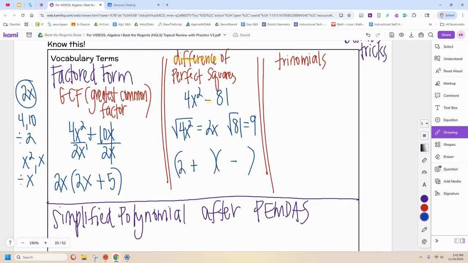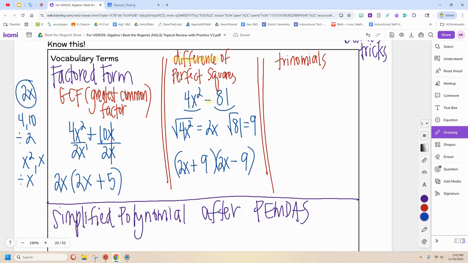So I need 2x times 2x to get the 4x squared. And I need 9 times 9 to get the negative 81. So what's going on when we actually double distribute, the middle terms, the x terms, are going to cancel out.